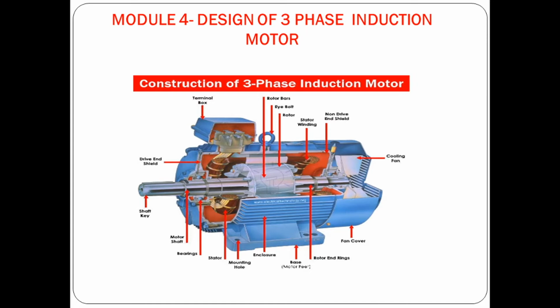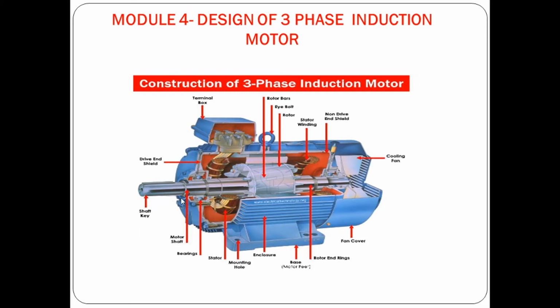If you recall the construction of three-phase induction motor, it consists of a stator and a rotor. This is a terminal box where three-phase AC supply is connected to the stator terminal of the induction motor. This is the drive end shield. This is a shaft key which is connected to the mechanical load.